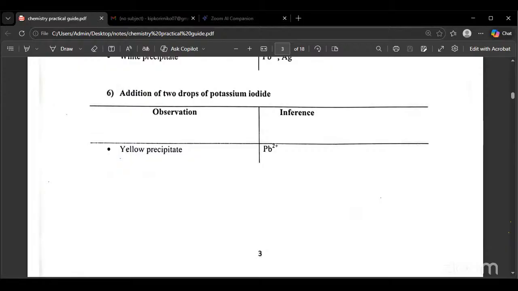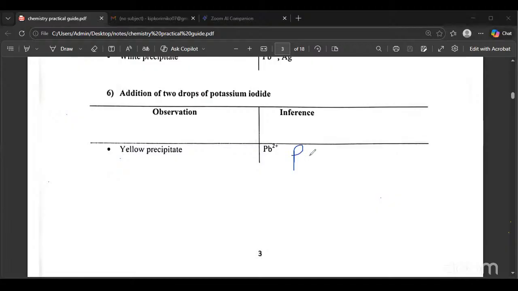The only thing that is missing is only the writing. The only thing I did not write in these notes is 'present'. I'm even thinking that I should have written it now. But when I was doing these notes, I was quite new in the profession. And I was rushing them because I thought I would be telling you myself. I never thought that I will teach an online class and it would be required. So yellow precipitate means lead ions present. The same with white precipitate in the other one.